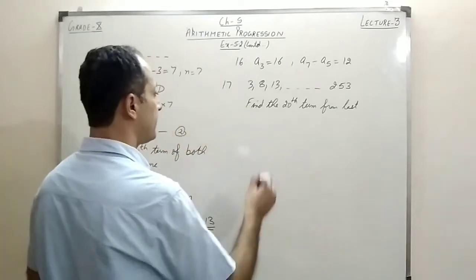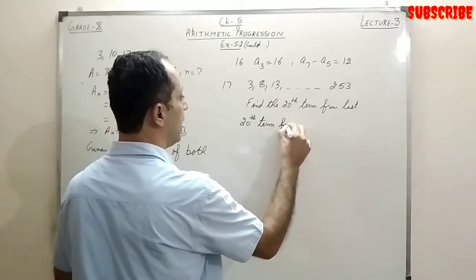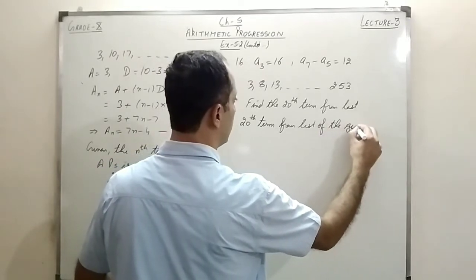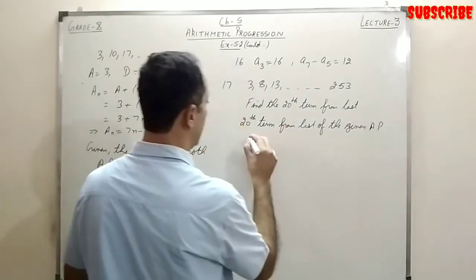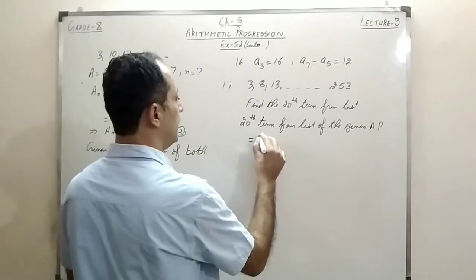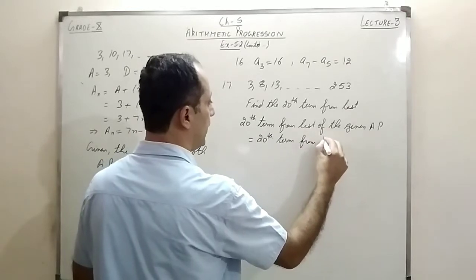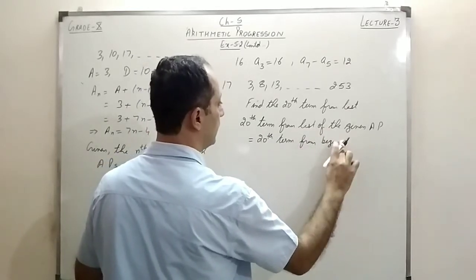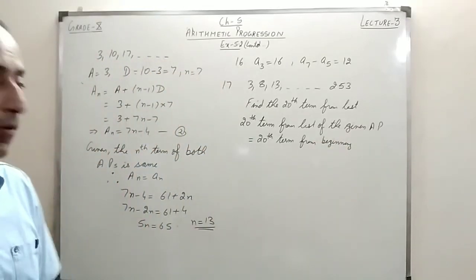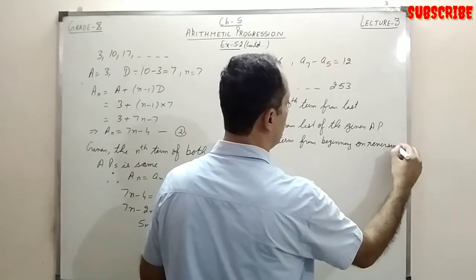The 20th term from last of the given AP is equal to the 20th term from the beginning on reversing the AP.